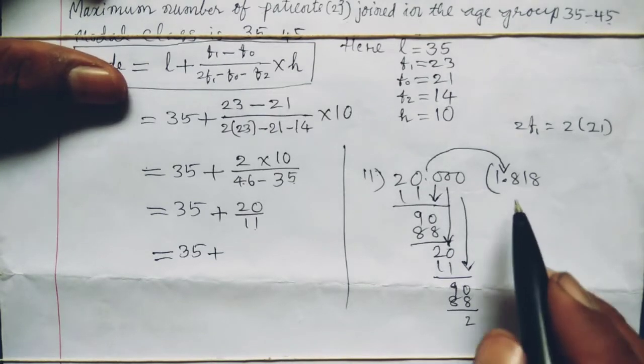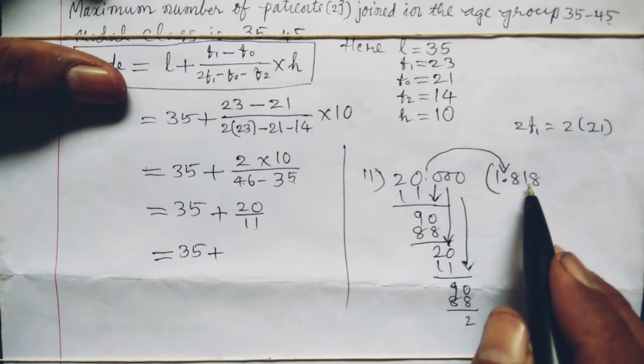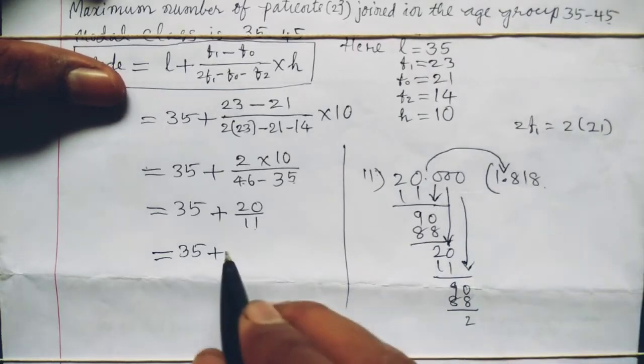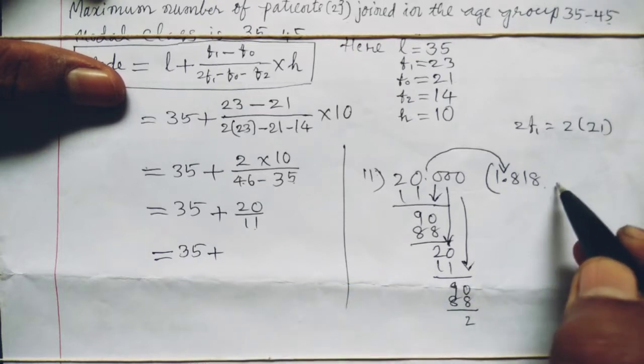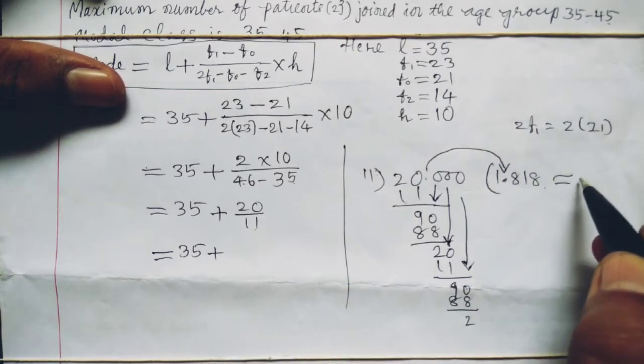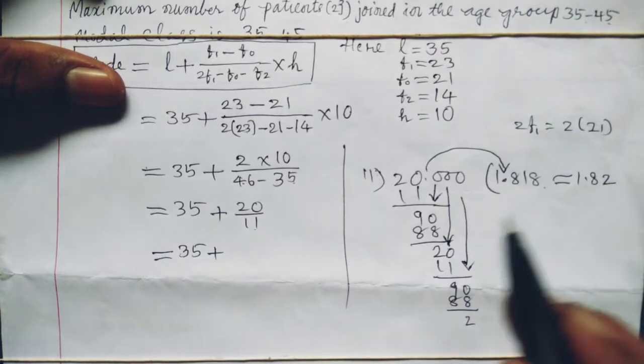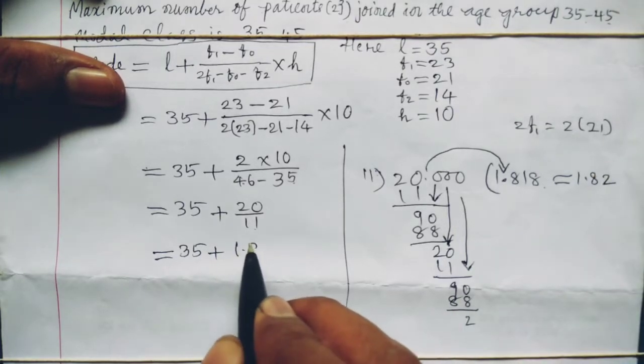So we understood 1.8 1 8 like this continues. So approximately 1.82.